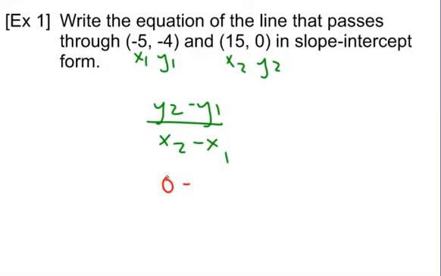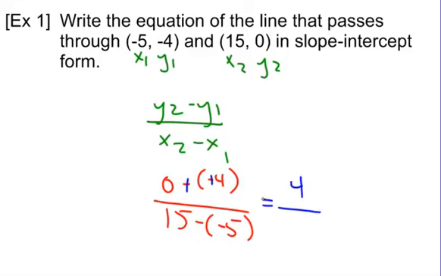So 0 minus -4 over 15 minus -5. All right. So we do this. Minus negative becomes plus positive. So that's a 4 over, again, plus positive, 15 plus 5 is 20. And 4/20 is 1/5. So we found the slope. That's good.